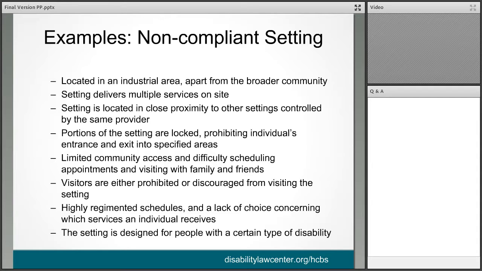But then there might be set meal times that individuals might adhere to. So in this example, you can see that there might be some things that a setting is doing really well and that are working to facilitate integration, and some things that are going to need some tweaking or some changes to become compliant under the settings rule. Okay.